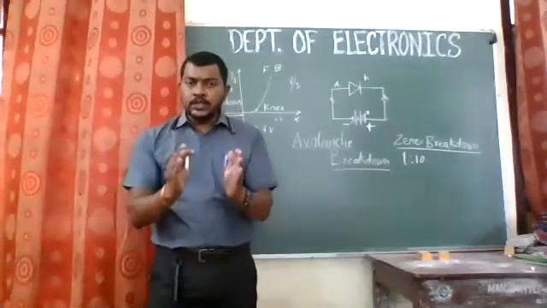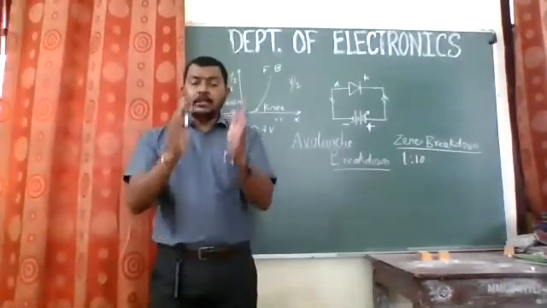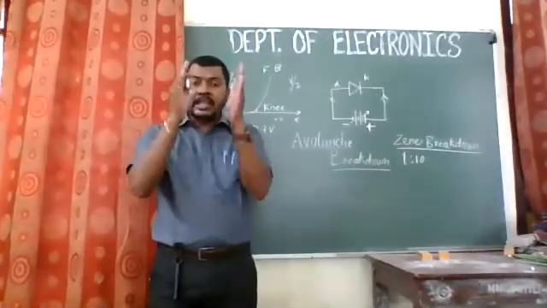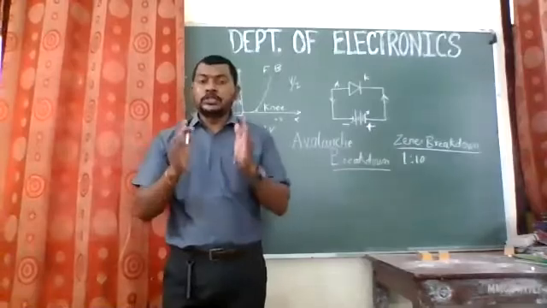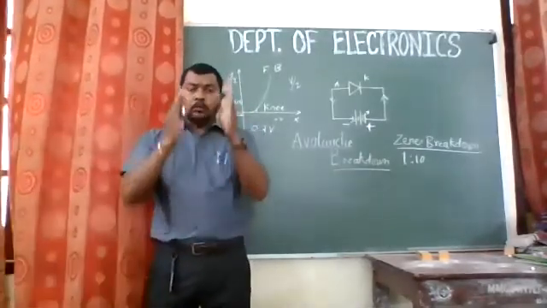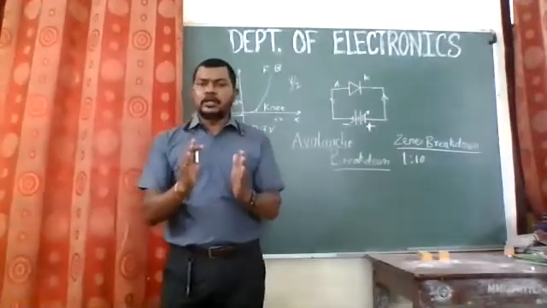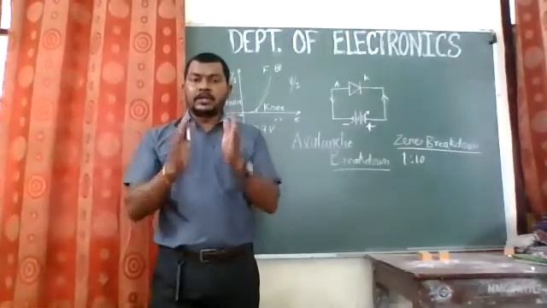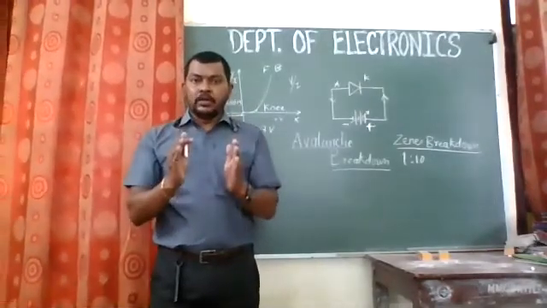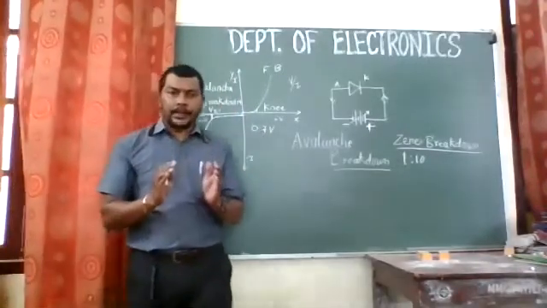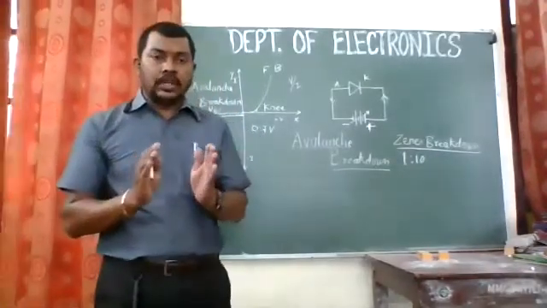Since it is very small, the number of neutral particles expected in that small area is very large, right? And due to that, we have a very small depletion layer in a Zener diode, but the strength, or the number of neutral particles, is very large. So it is small, but strength wise it is very high. So it has a good strength.